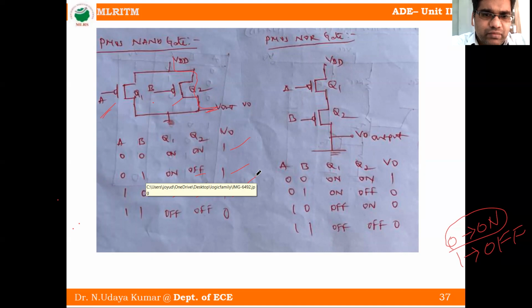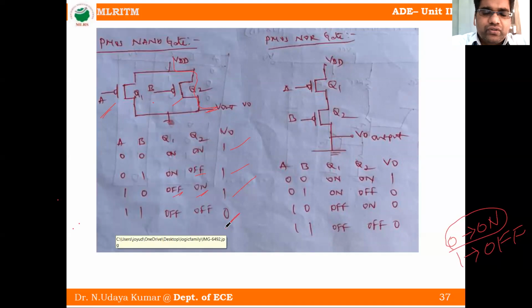There is no connection between VDD and V out. So this V out is directly connected to the ground, meaning output is equal to 0. So this is called the PMOS NAND gate.